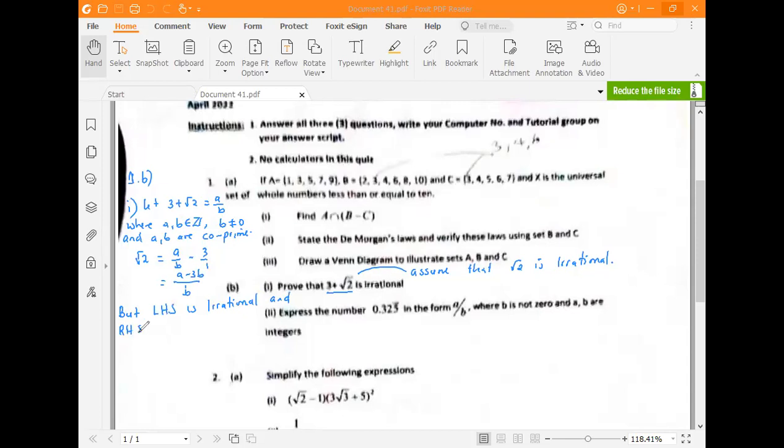Right hand side is rational, which is a contradiction. Hence, 3 plus root 2 is irrational. Stop.